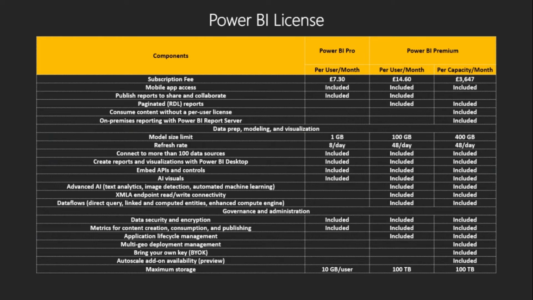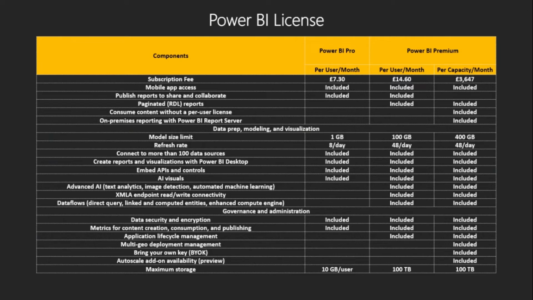You also get multi-geo deployment management and application lifecycle management. This license includes maximum storage of 100 TB, a model size limit of 100 GB, and a refresh rate of 48 per day.